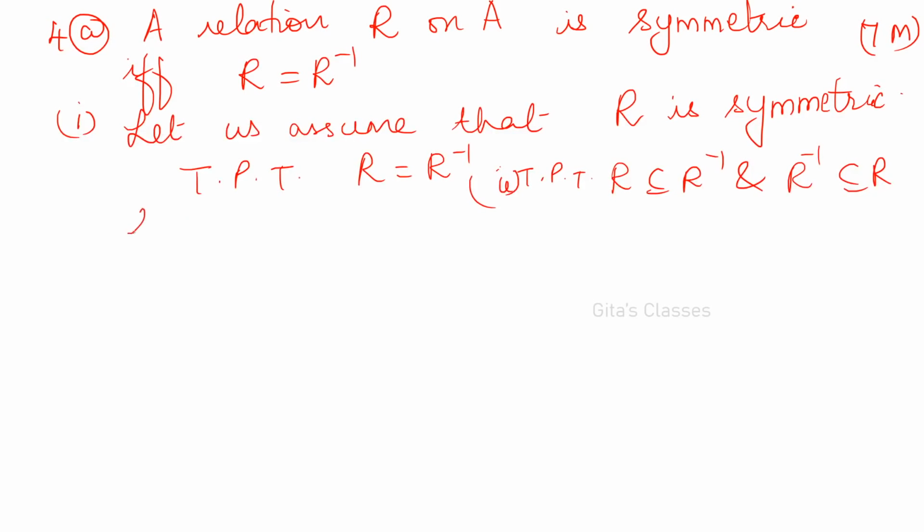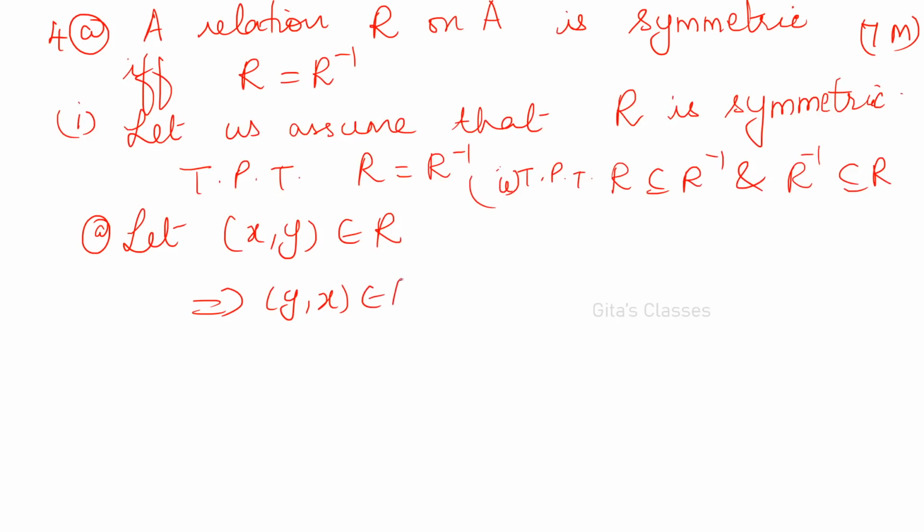So let us consider an element from R. Let x comma y belong to R. This implies y comma x belongs to R, since R is symmetric. Okay, it is assumed that R is symmetric. So if x comma y belongs to R, we know that y comma x belongs to R, since R is symmetric.